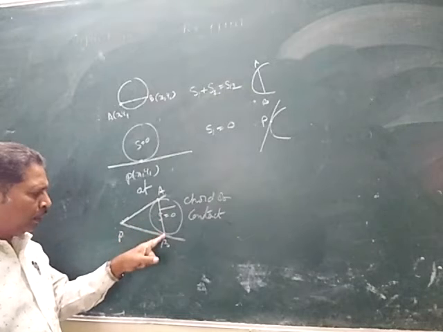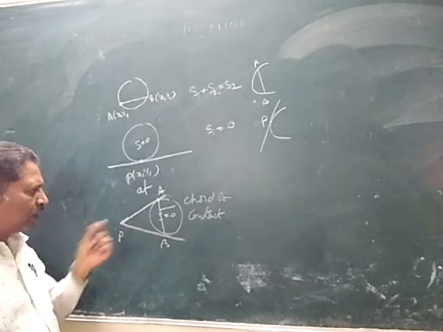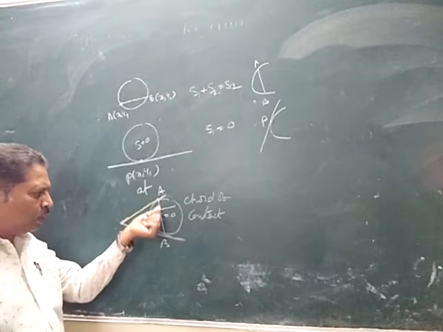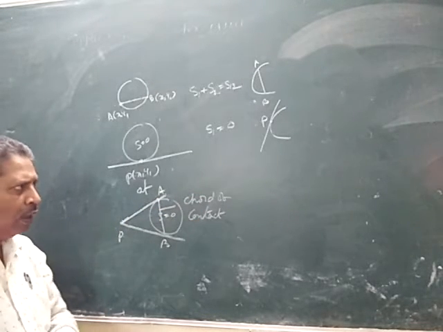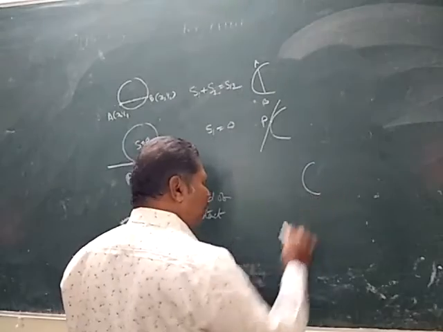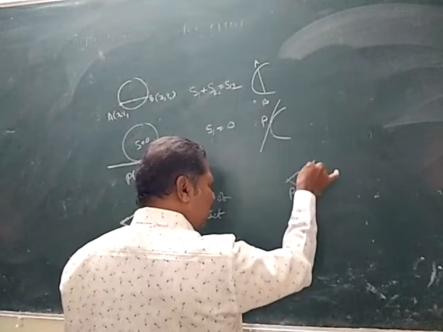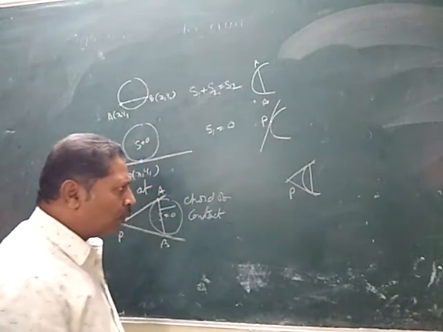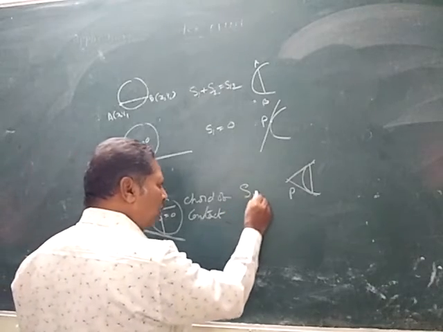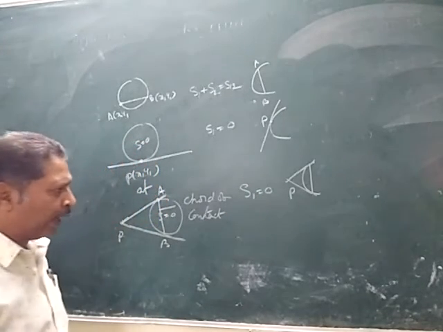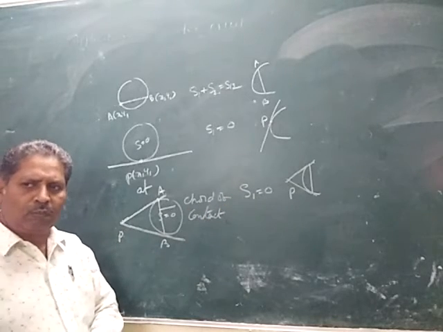The line joining where these tangents touch the circle is called the chord of contact. This is the parabola, this is point P. This is also called a chord of contact. Equation of the chord of contact is S1 equal to 0.